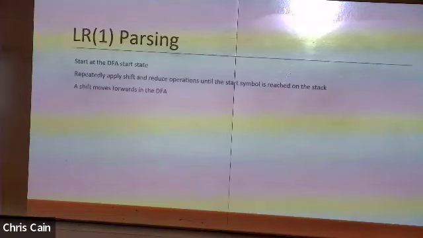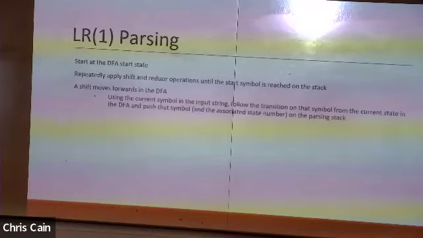A shift moves us forwards in the DFA, so we're going to follow an arrow from one state to another state, eating the associated character of the shift. So current symbol in the input string, follow the transition on that symbol from the current state in the DFA, pushing that symbol onto the stack, and transitioning to the associated state.